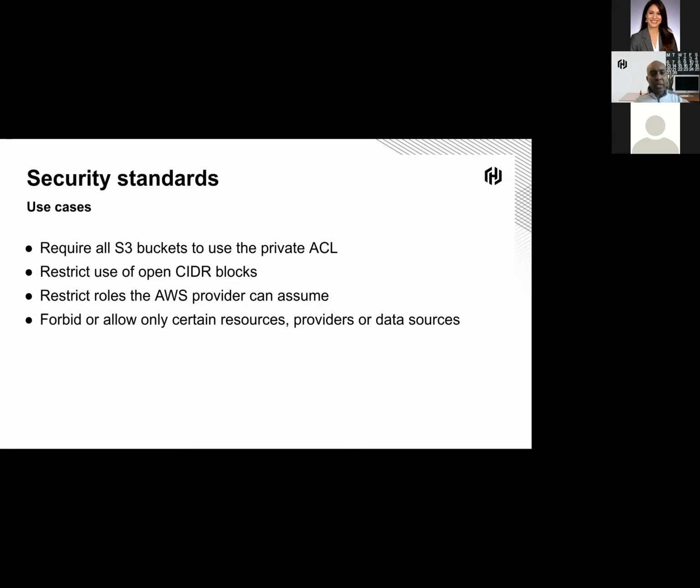Machines that are sitting out in the open and easily accessible are targets for hacking and brute force attacks. The roles that an AWS provider can assume, you don't want to give it too much power, or you want to control what roles are allowed. You want to control and prevent which resources and providers or data sources are being used as part of infrastructure builds.